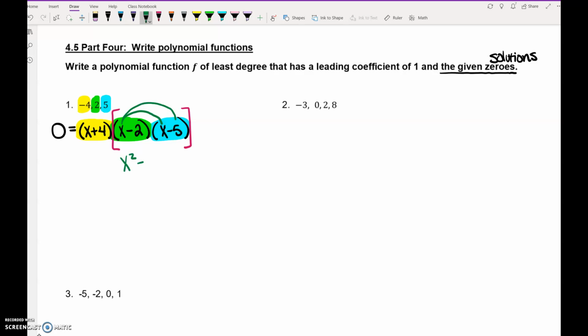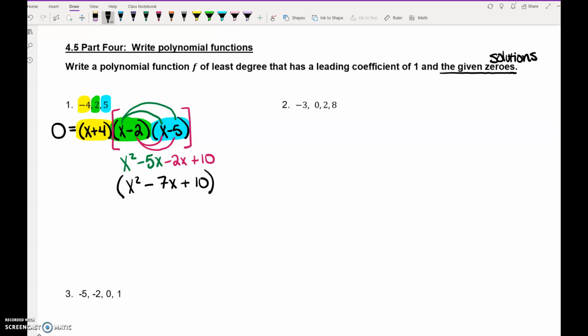X times -5 is -5x. -2 times x is -2x. -2 times -5 is +10. Combine your like terms, and we get x squared minus 7x plus 10.